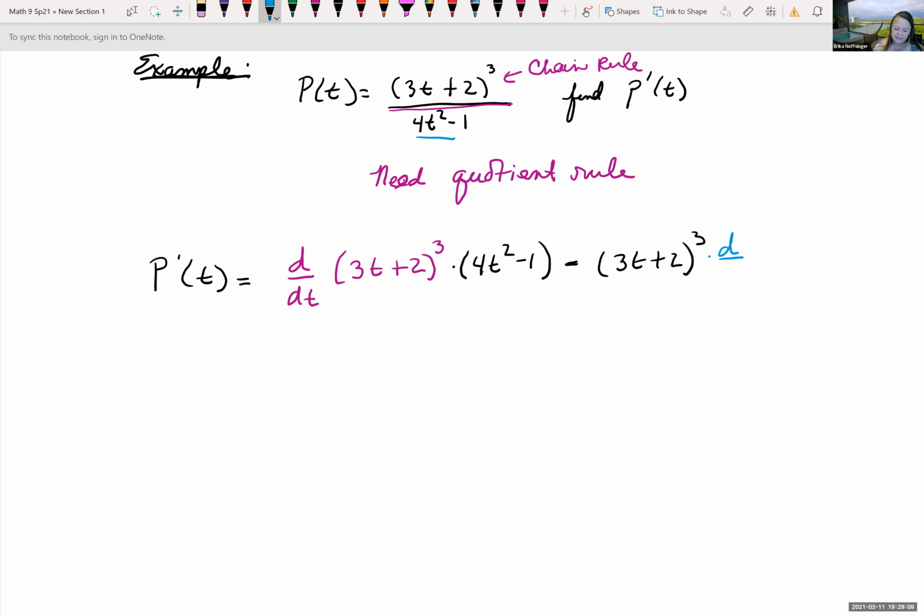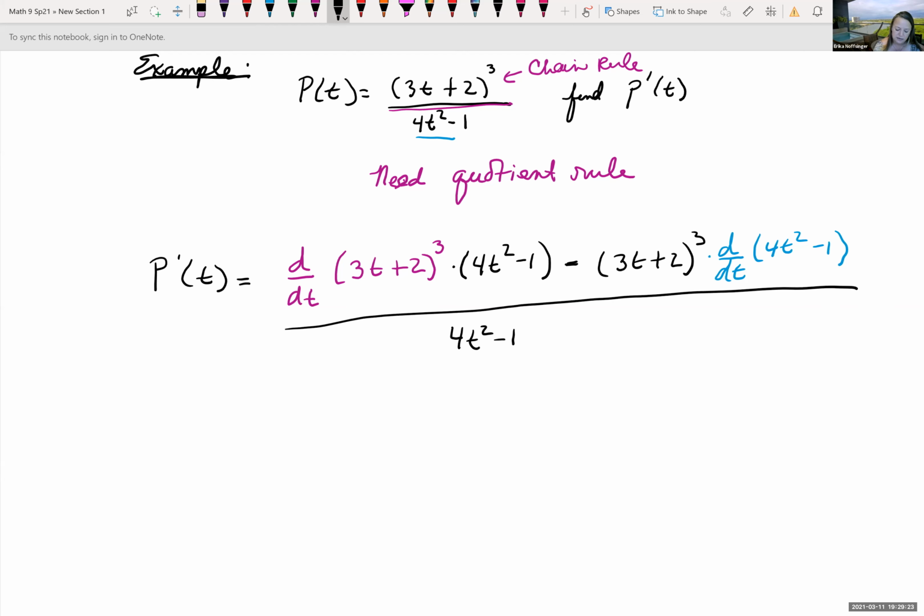I'm going to write it as d dt of the denominator, parentheses around 4t squared minus 1. And we put this all over the denominator, and we square it. That's just the derivative of the quotient rule.